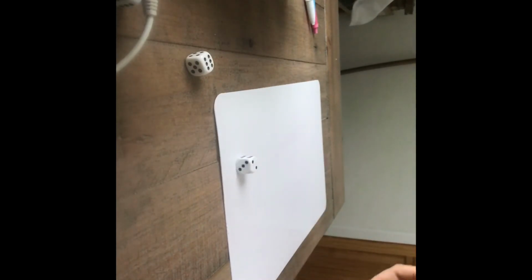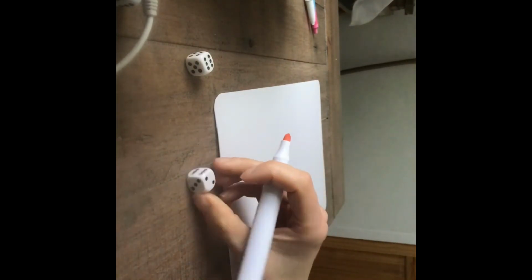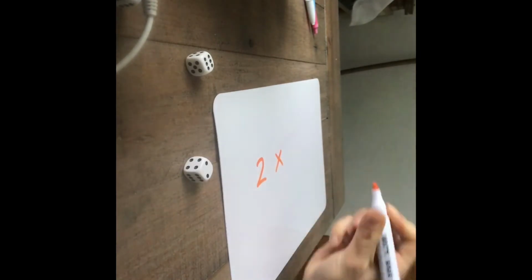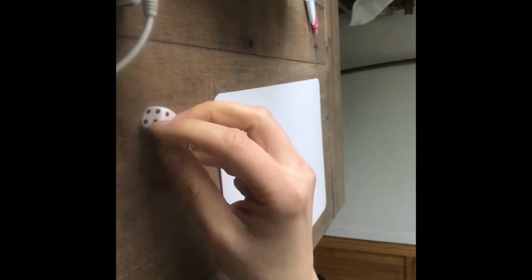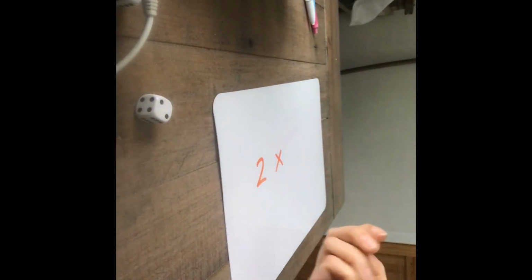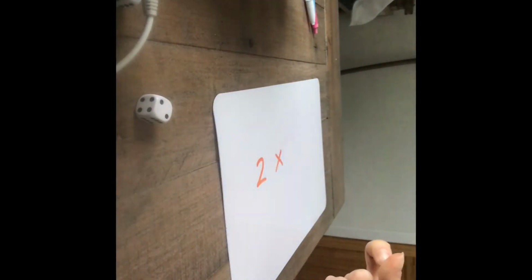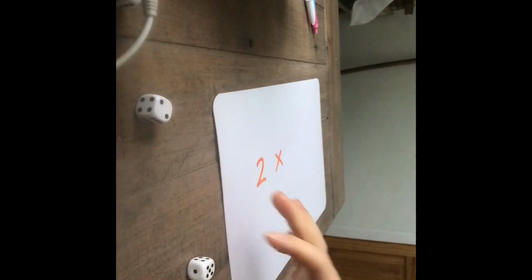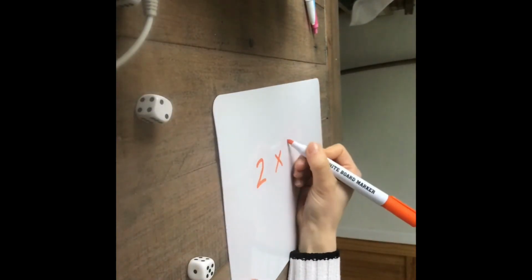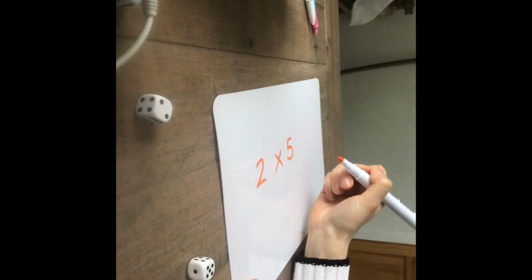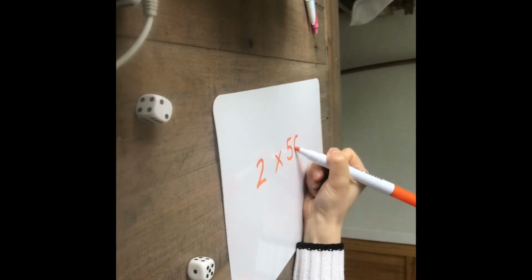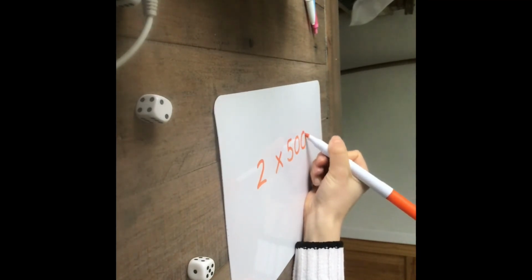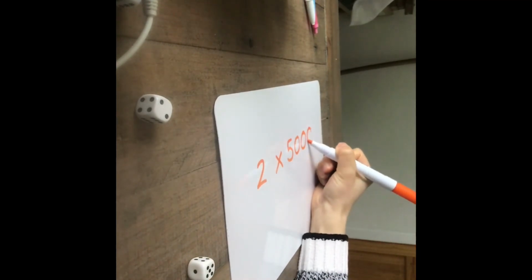So if I roll my dice, I've got 2, okay? So that rolled as a 2, so I'll put 2 times. And then I'm going to roll, it depends what level you want to do it at. So I'm going to show you, if I roll and I've got a 5, okay? So I could make that 50, or I can make it 500, or I can make it 5,000.